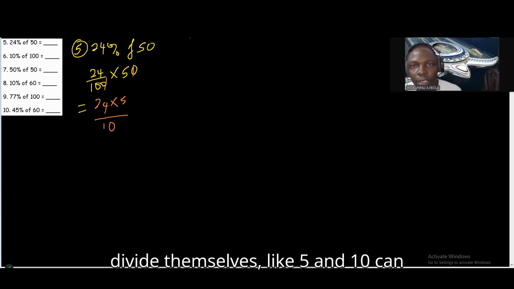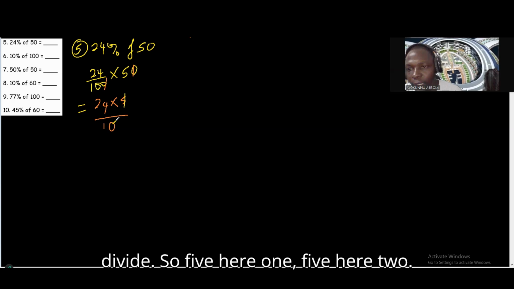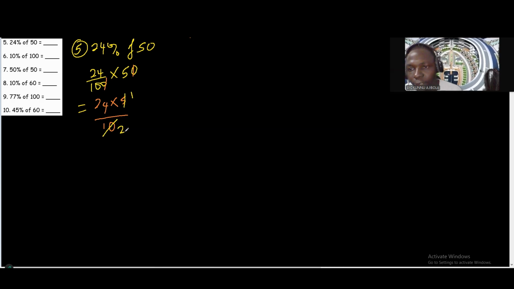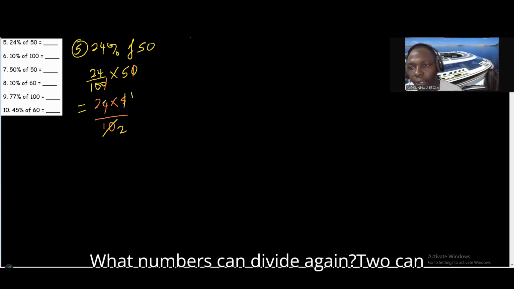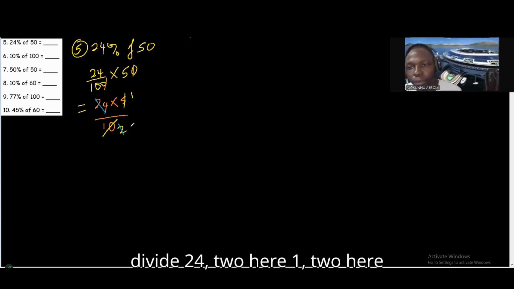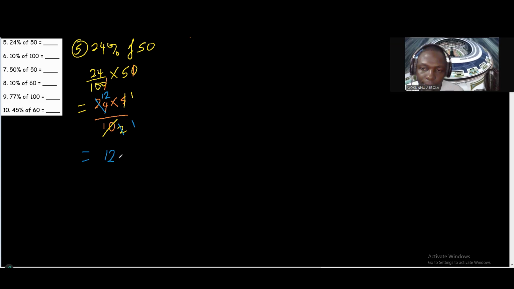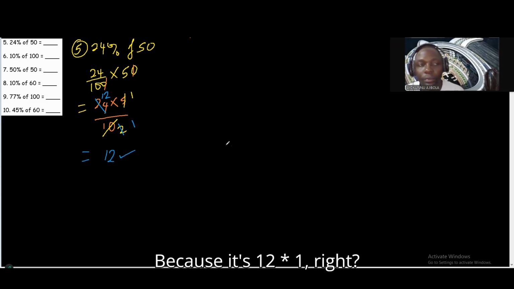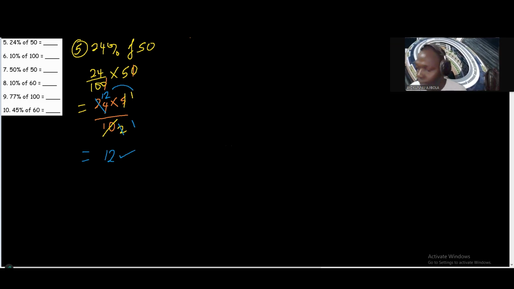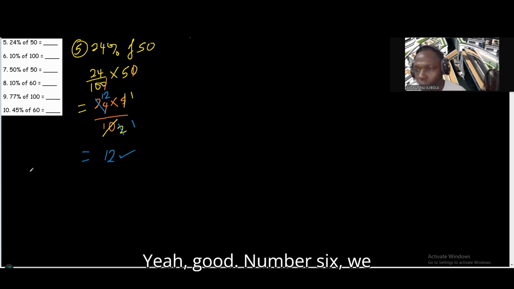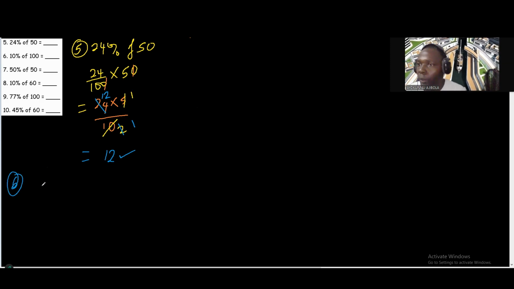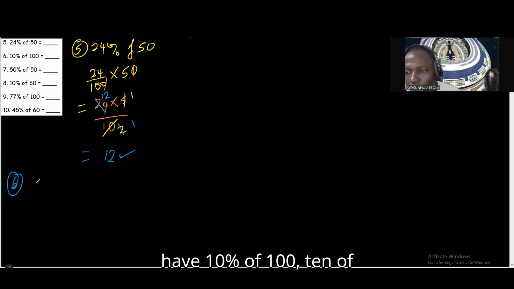Then 5 and 10 can divide. So 5 here, 1, 5 here, 2. 2 can divide 24. 2 here, 1, 2 here, 12. So what's the answer? 12, because it's 12 times 1, right? Good.